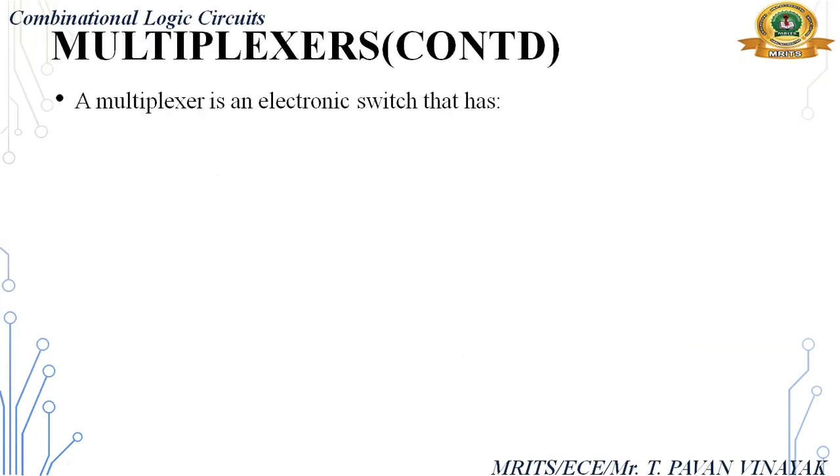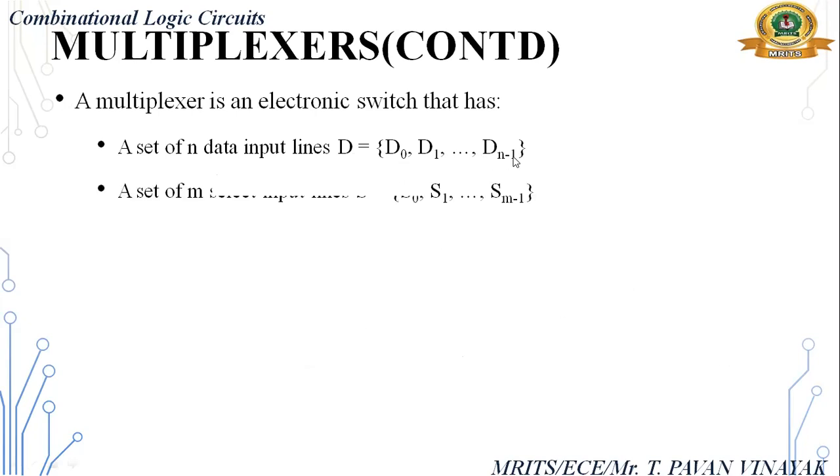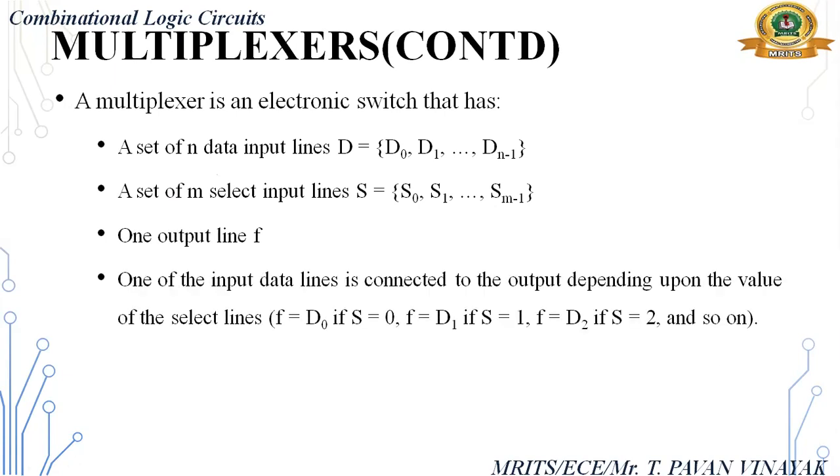A multiplexer is an electronic switch. Data lines are represented as D0, D1, and so on up to Dn minus 1. Selection lines are represented as S0, S1, and so on up to Sm minus 1. The output can be represented with F. F is equal to D0 when S is equal to 0. F is equal to D1 if S is equal to 1.